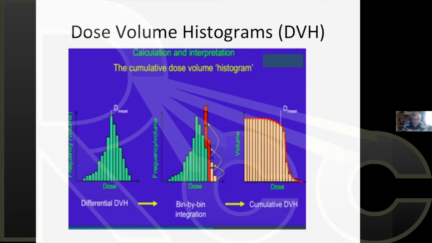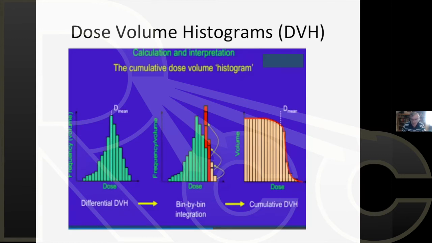So from the differential DVH, we actually just do the addition. Integral implies that it's the summation. It's the summation of all those voxels, and then you draw a line connecting the top of it, and you end up with this very nice cumulative DVH, which explains a lot about the uniformity of the dose within the tumor, and the shape, the slope of that, is critical.